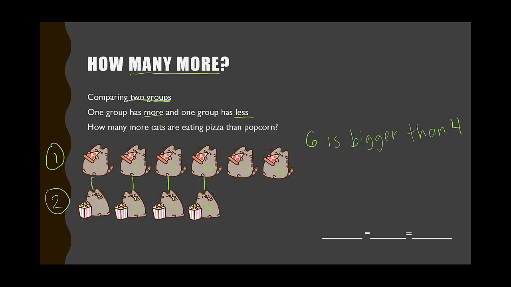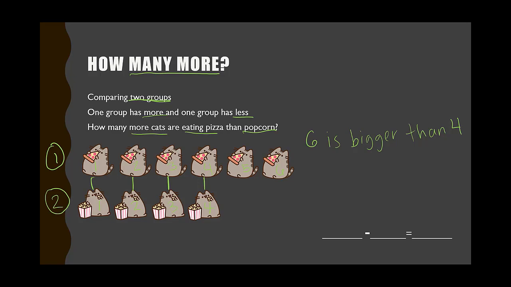Well, now we have to ask the question, how many more cats are eating pizza than popcorn? And we can use subtraction to figure this out. So we're going to start with our group that has the bigger number. And that's going to be our cats eating pizza. We just figured that out. We said there's 6 cats eating pizza and 4 cats eating popcorn.